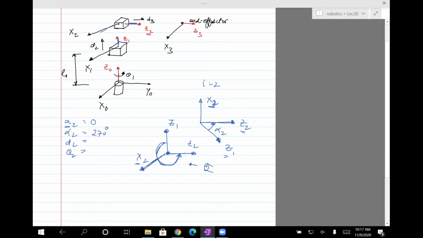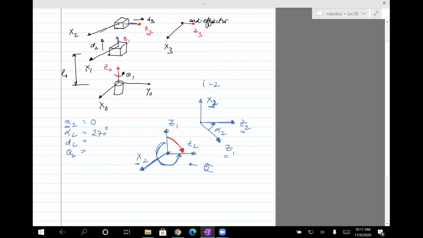The other way of getting alpha 2, some people prefer doing this way. They want to find the smallest possible angle between Z1 and Z2. If you want to find the smallest angle, then you curl your fingers from here to there. This is again your right hand fingers from Z1 to Z2, but you now curl them in the clockwise direction.